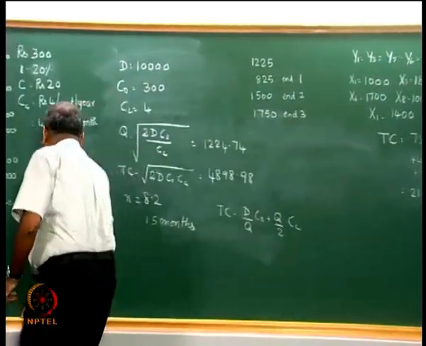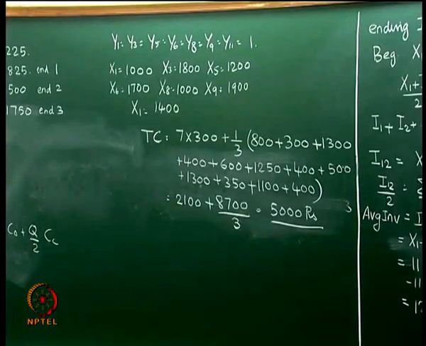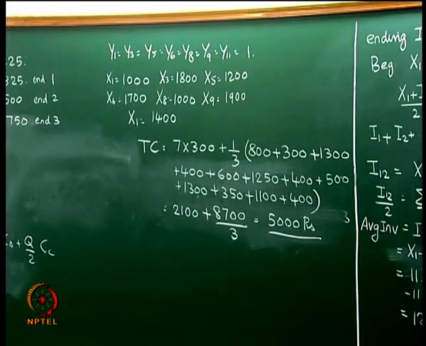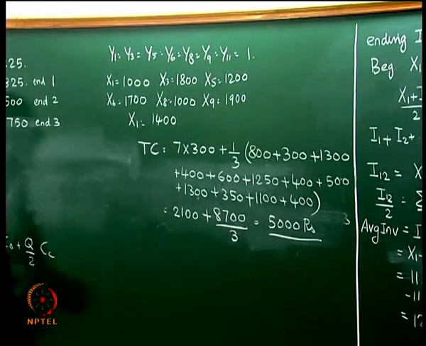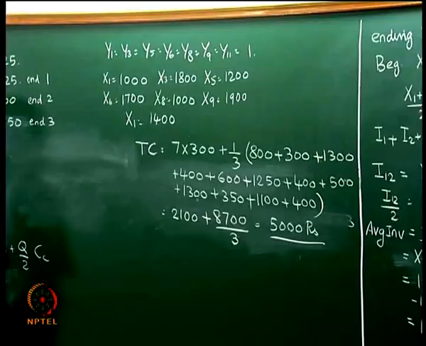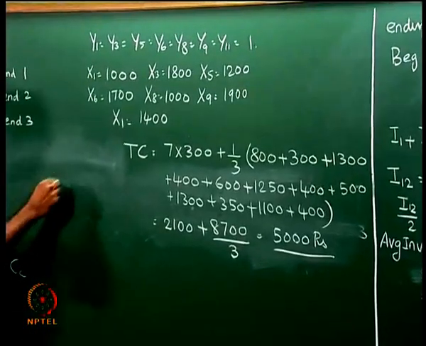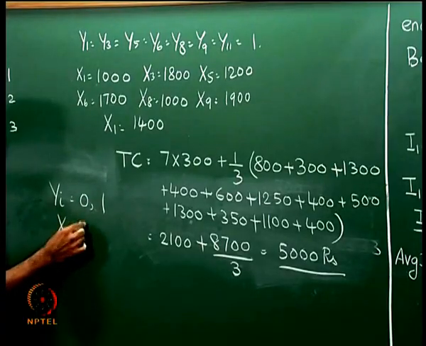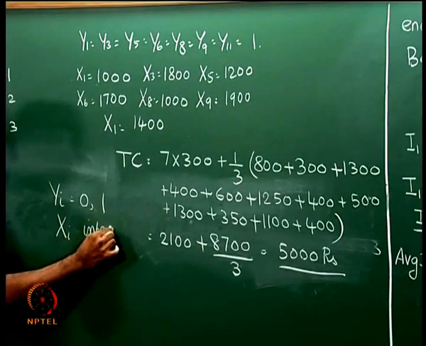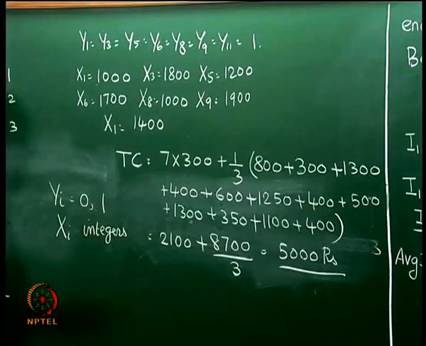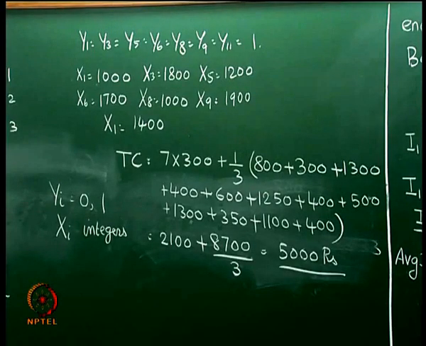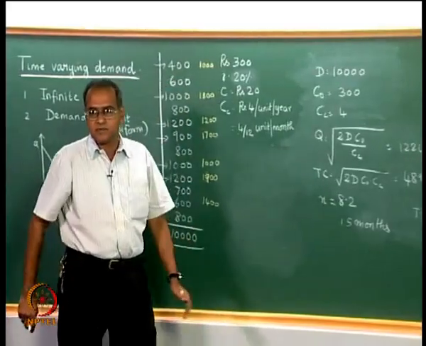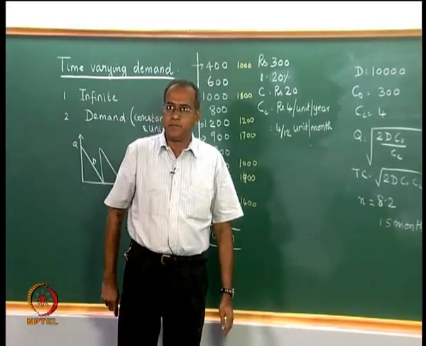Now having seen this, let us look at just a couple more instances of this. One is this problem is formulated and solved as an integer programming problem, where the yi's were binary variables and xi were defined as integers. I also mentioned a little earlier that it is not necessary really to keep them as integers because the demands themselves are integers, but the yi's have to be binary.